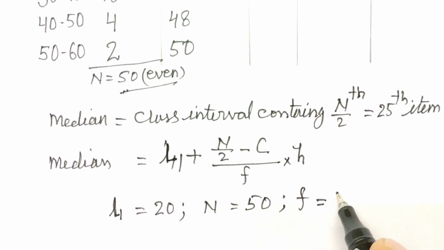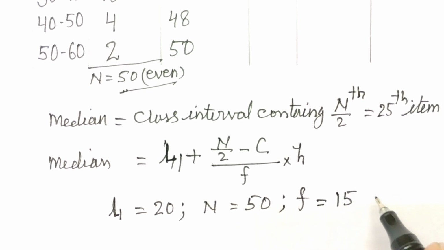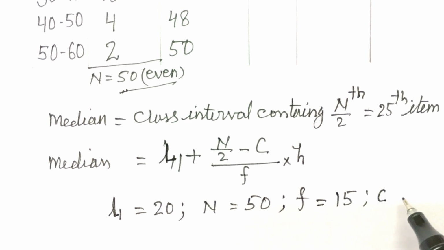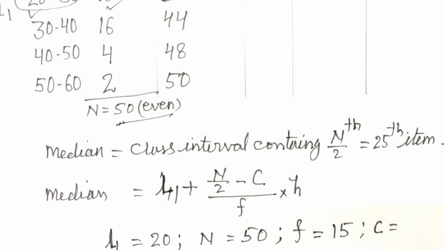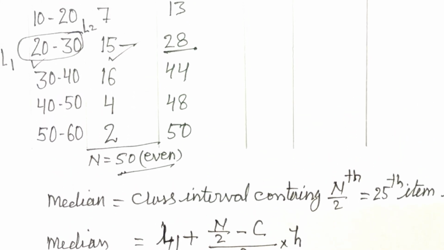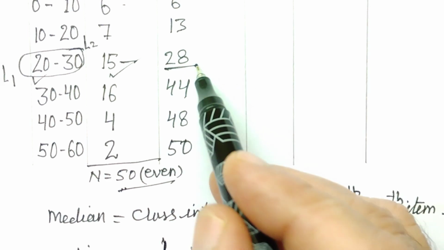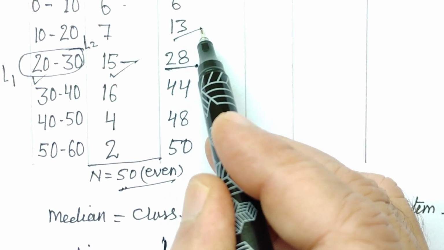F is 15 and C will be equal to, before this, that will be taken as 13, right?